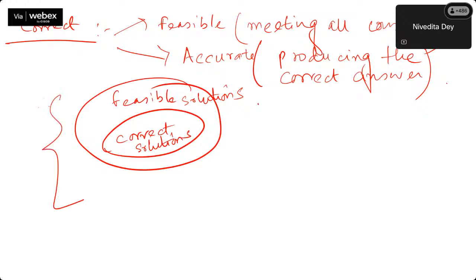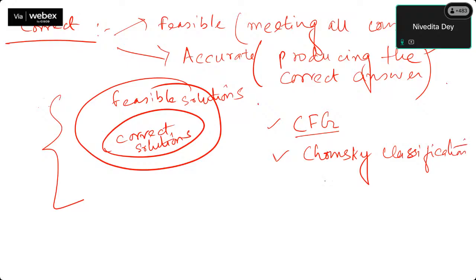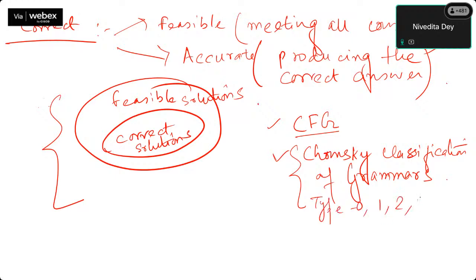We can end here. Now, whoever takes the next class, what you should be practicing a little bit is CFG, context-free grammar. Then Chomsky classification of grammars, which primarily you can find in any automata theory book. So this is basically the type 0, 1, 2, 3 grammar.